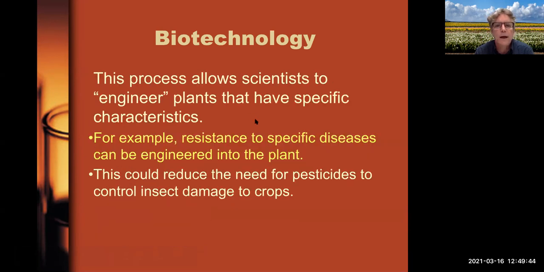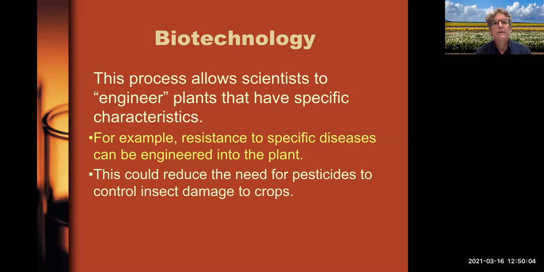This process allows scientists to engineer plants that have specific characteristics. For example, resistance to specific diseases. Like, oh, it's actually not a disease. The boll weevil's a thing. It's a weevil. It can be re-engineered into the plant.